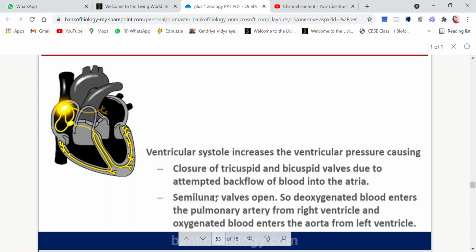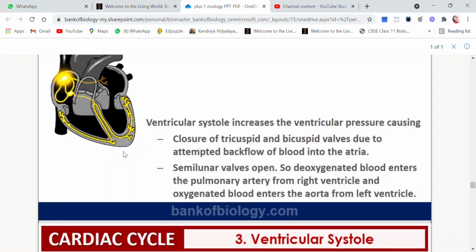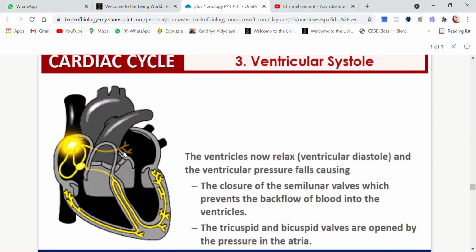So these valves are open, and hence the deoxygenated blood from the right ventricle will move to the pulmonary artery, and the oxygenated blood from the left ventricle will move to the aorta. Understood? So this is how the blood will flow.